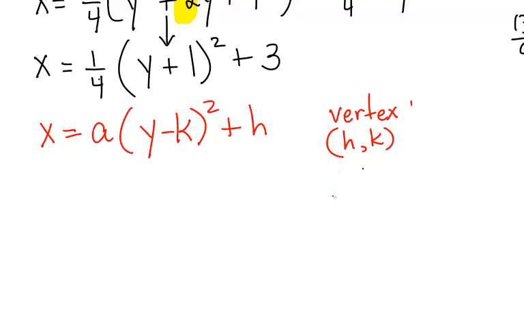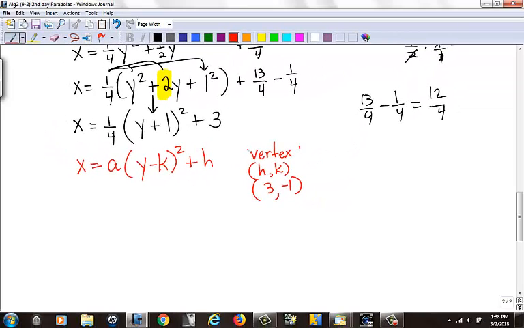So in this form, h is 3 and k is -1. You've got to be careful. That formula has a negative sign, so this has to be negative. So instead of plus 1, it's like minus a -1. So here's one answer: 3, -1.